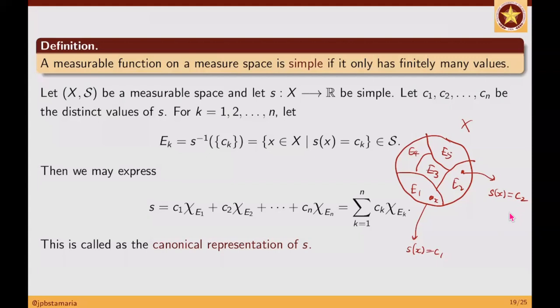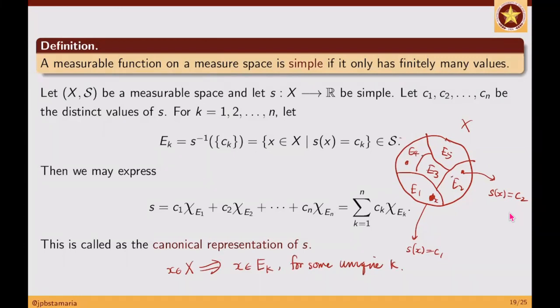Kasi pag may kumuha ng arbitrary X, matatagpuan mo sa isang EK for some unique K in the list, di ba? Halimbawa, nandito ka sa E4. Kung nandito ka sa E1, pag nasa E1 ka, wala ka dun sa iba.